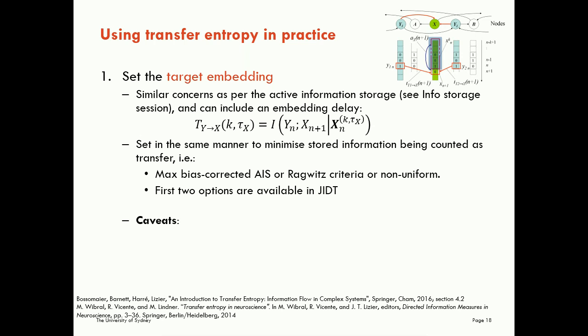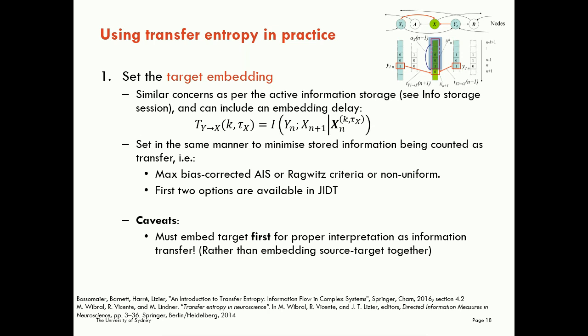There are a couple of caveats to consider here in setting this embedding on the target. What we have to make sure that we're doing is embedding the target first before trying to embed the source, and we're not embedding the source and the target at the same time. We're embedding the target first so we can properly interpret our result as modeling information transfer.